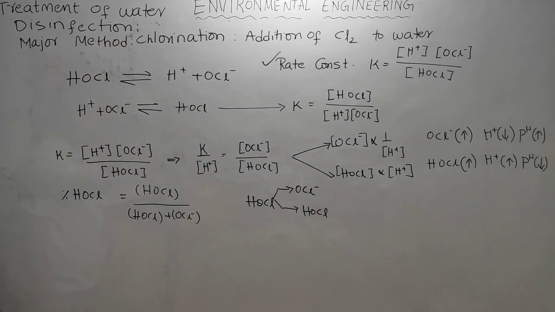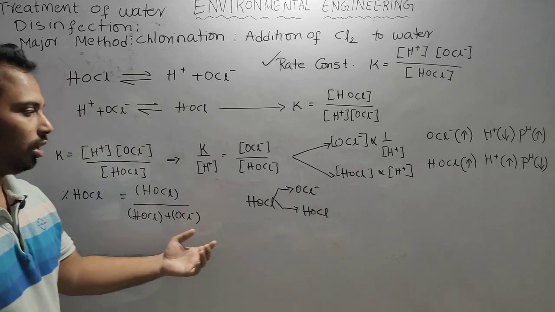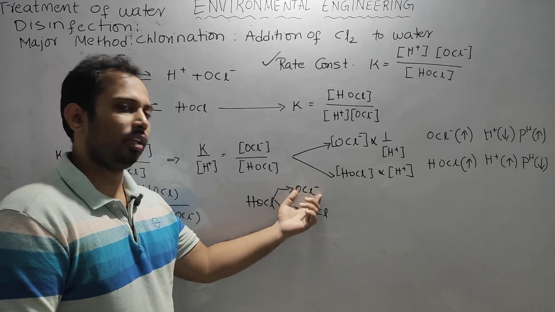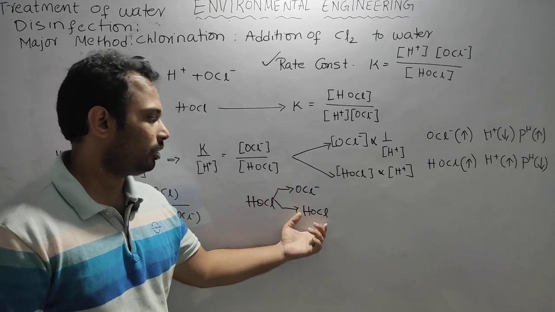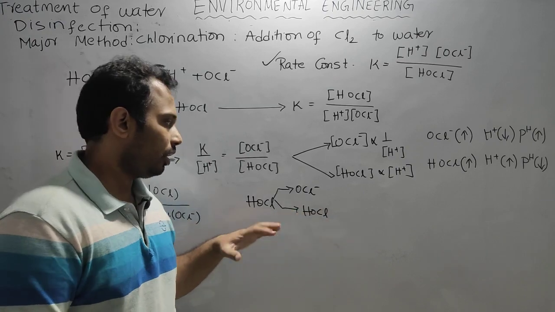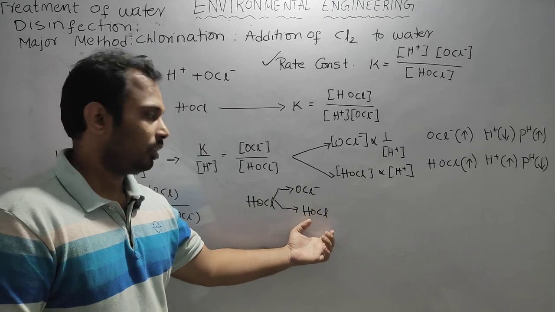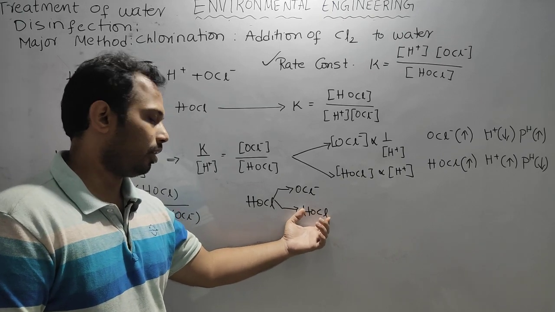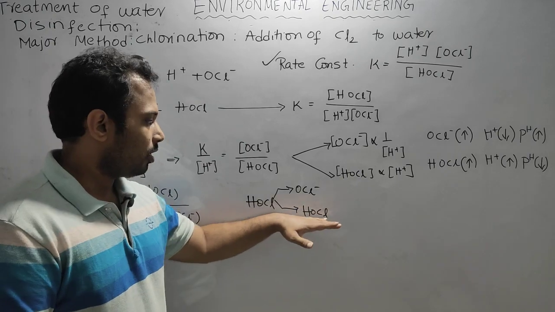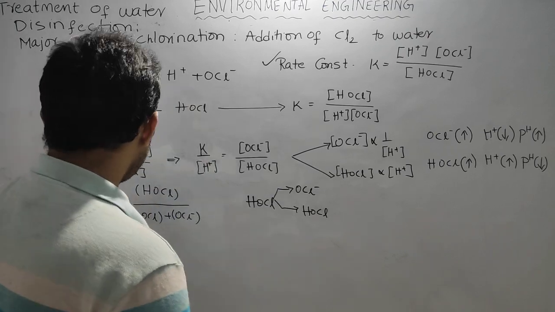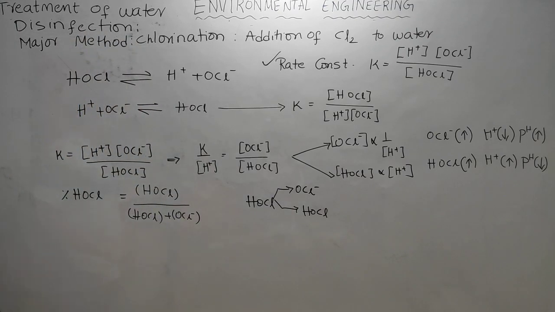Are you getting my point? Initially the HOCl is formed from chlorine, but this HOCl is not sustaining as HOCl. Some part is converted into OCl minus, some part is still remaining as HOCl. So the percentage of HOCl, how much HOCl is present, is the concentration of HOCl by concentration of HOCl left plus concentration of OCl minus, which is nothing but the percentage of HOCl present in the water.